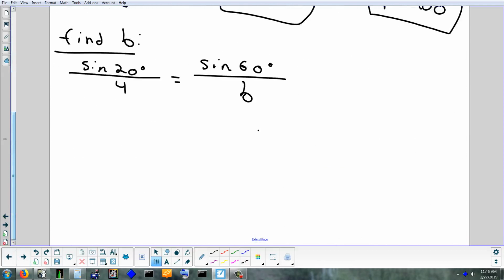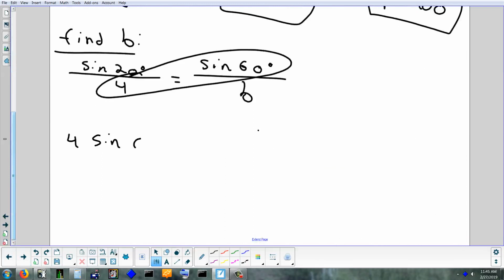So how do you solve that? What do you have to do? Cross multiply. 4 times the sine of 60. And for now, you don't even have to worry about doing that out. You can just leave that. Equals B sine 20.